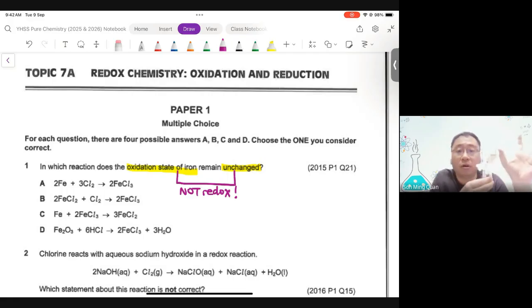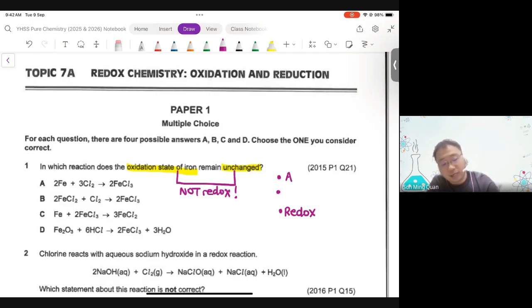So if you recall, right at the start of redox, I have told you, broadly speaking, there are only 3 types of chemical reactions in the world. Of course, one of the types of reaction is redox. Redox reactions take up 85% to 90% of all reactions on Earth. But there are other 2 types which you also need to know, which are not redox.